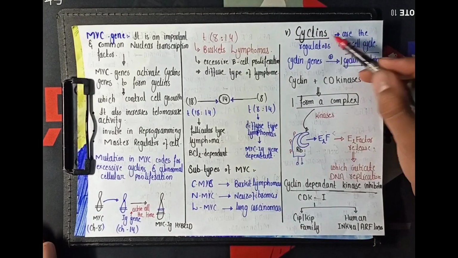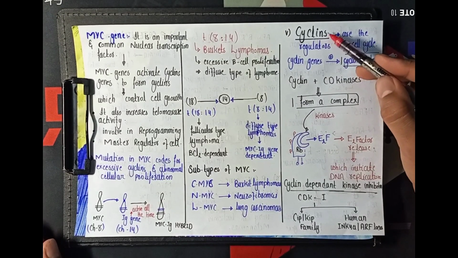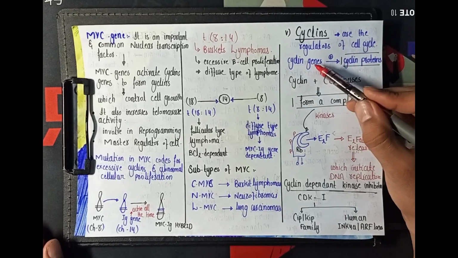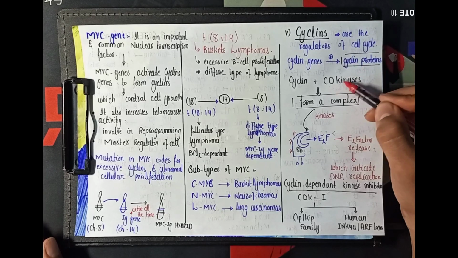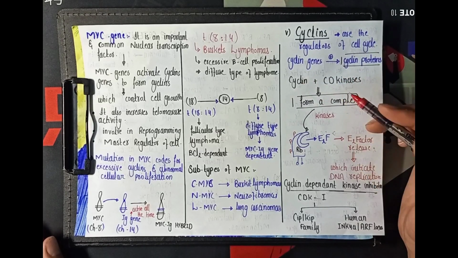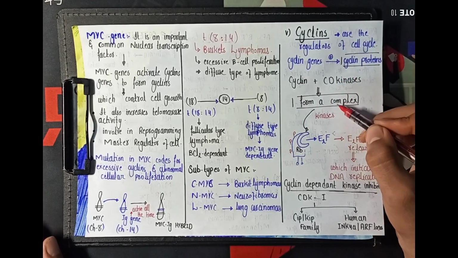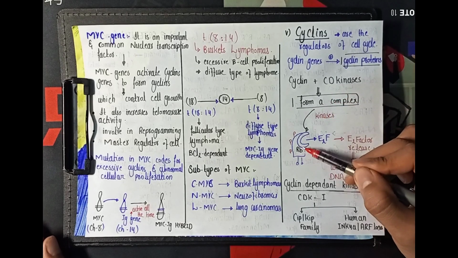So next is the cyclins. Cyclins are the normal regulators of the cell cycle, and the cyclins are activated by the MYC gene, which is a nuclear transcription factor. And when the cyclin gene expresses, it produces cyclin proteins. Inside the cell, there are cyclin-dependent kinase enzymes, and these kinase enzymes are cyclin-dependent. When they combine with the cyclin, they form a complex, and these cyclin-dependent kinase enzymes act on the RB gene.